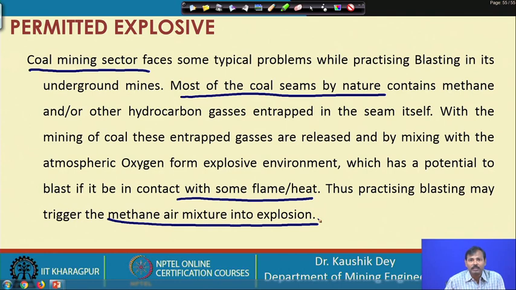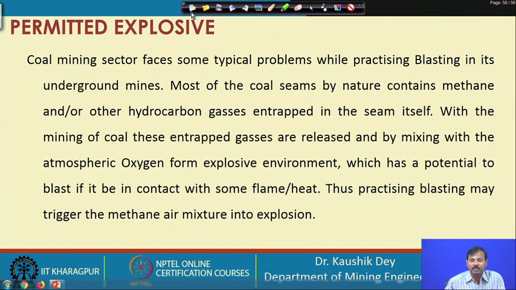So, while blasting is carried out in underground coal mines, or in a place where there is a chance of entrapped methane, everyone should be cautious enough, because that basically depicts the explosive environment. Blasting carried out in the explosive environment is very dangerous, and precautions must be taken.